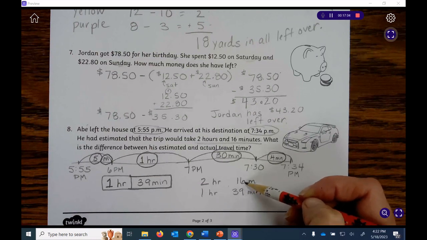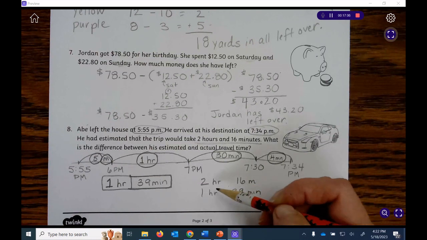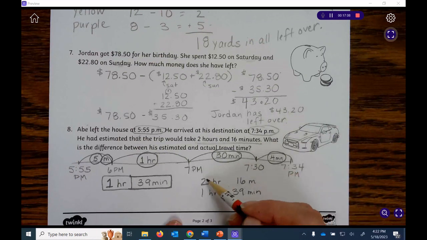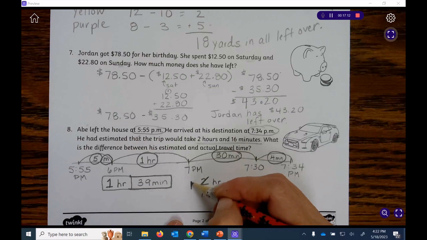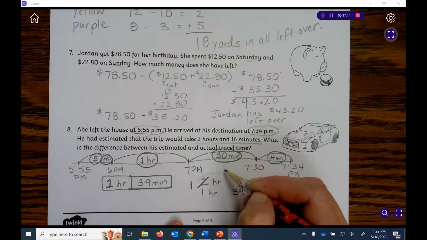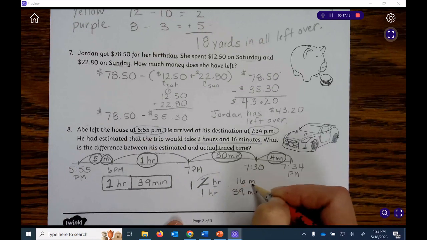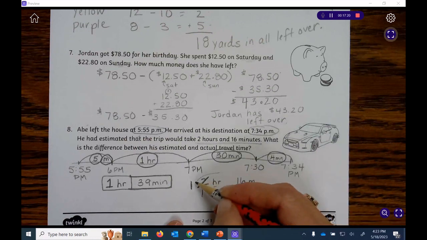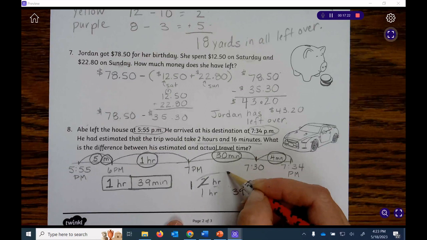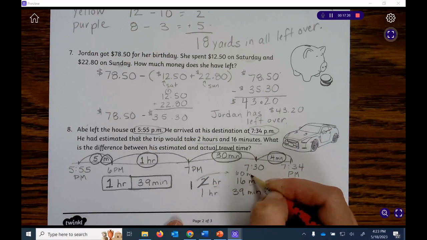But you can't have 16 and take away 39, so you have to borrow from the hour. So we're going to borrow from this 2 hours, and we're going to make it 1 hour. And we're going to borrow 1 hour, but guess what? I have to go from hours to minutes. So how do I get here? 1 hour that I'm borrowing becomes 60 minutes.